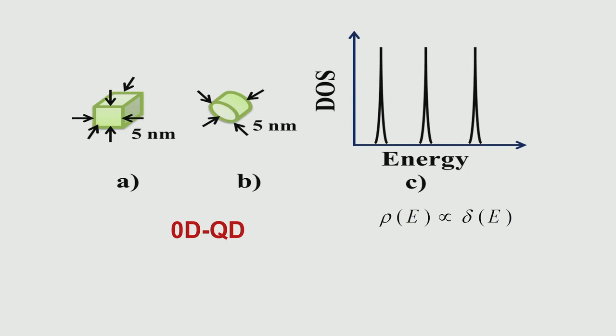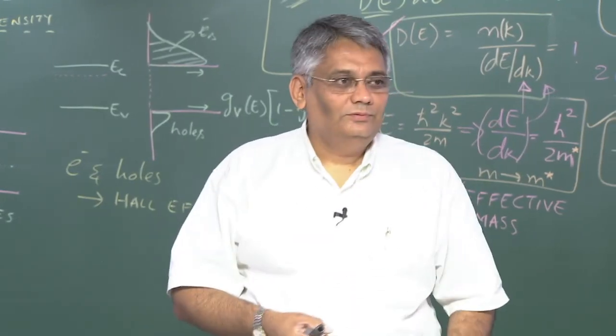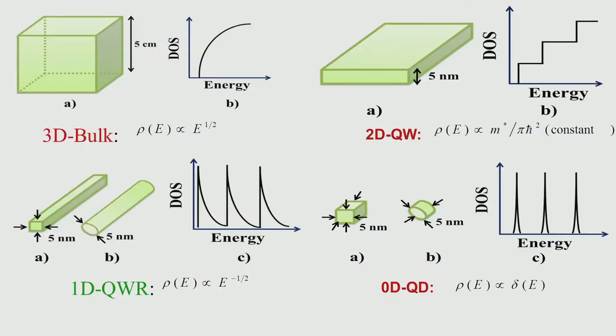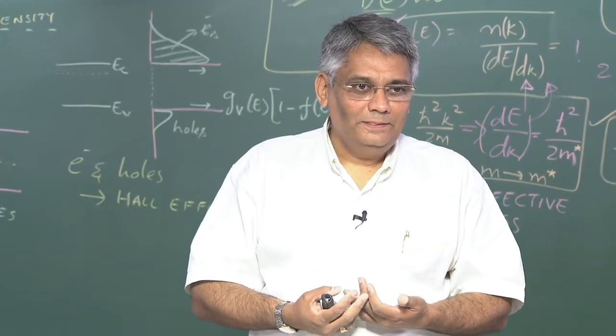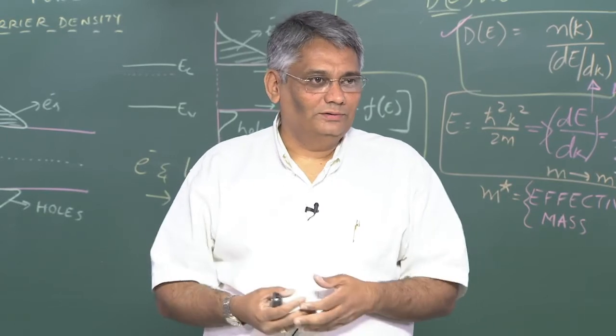It's very interesting, right? To summarize now, if you start from a three-dimensional bulk system and you start cutting down its size. I take a block of a three-dimensional material and take a slice out of it, I get a quantum well. A few more slices, I get a one-dimensional quantum wire, and further cut it down, you get a quantum particle.